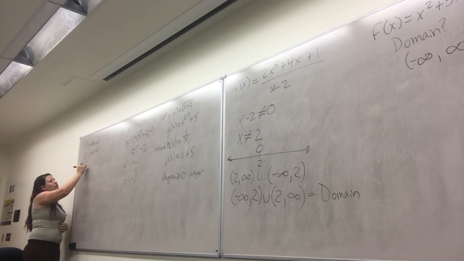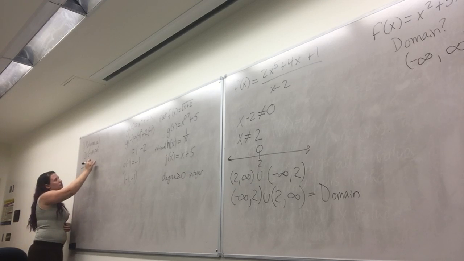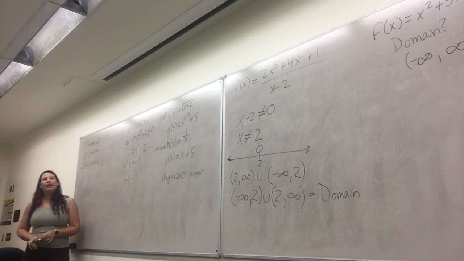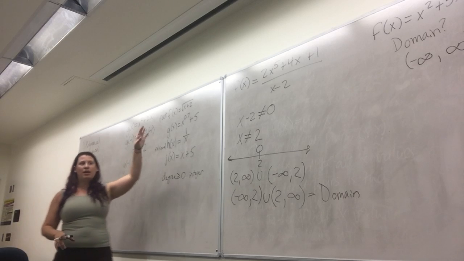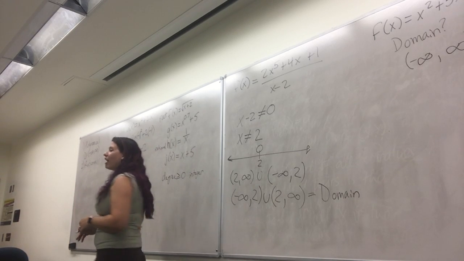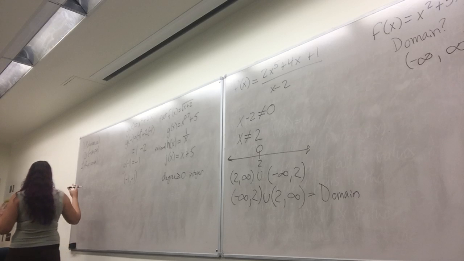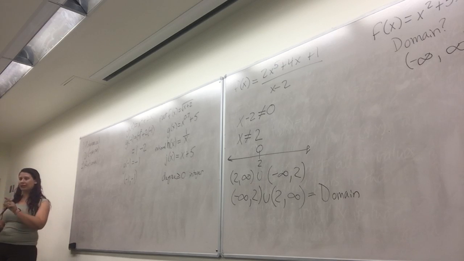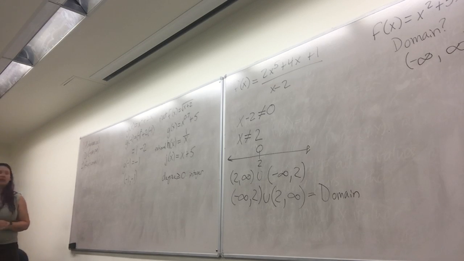What about then rational? What is a rational function? There's a variable in the denominator, and the top and the bottom are both polynomials. Okay, so what's bad about the domain of a rational function? Don't make what 0? The denominator.